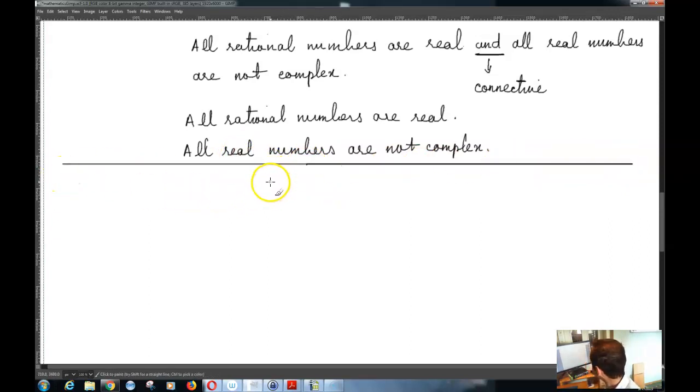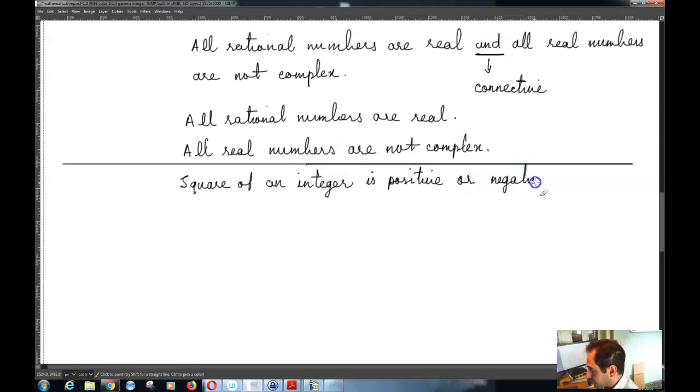So part two is square of an integer is positive or negative. So the connective is or.